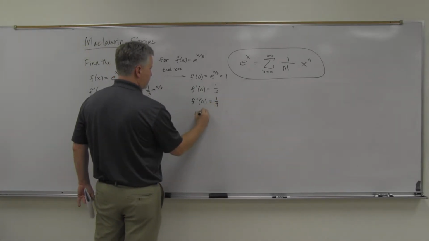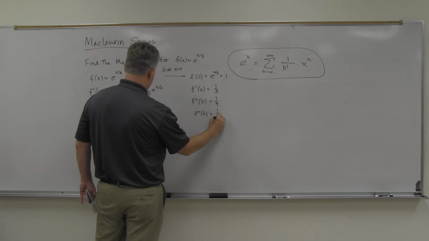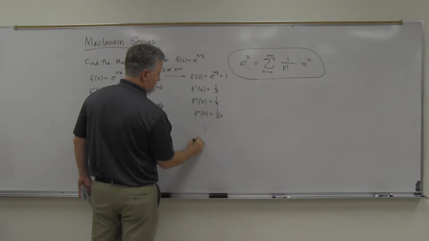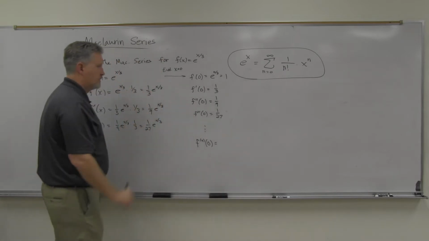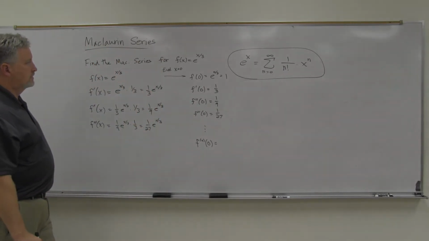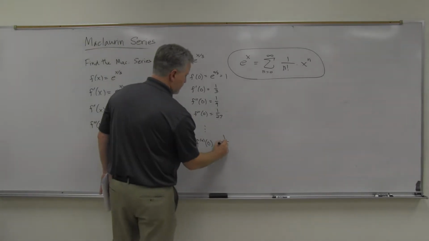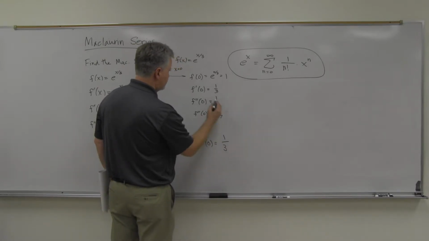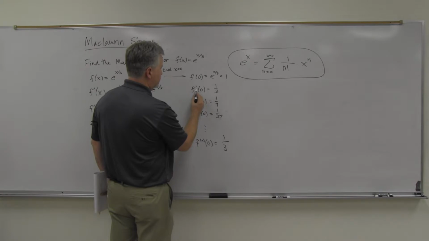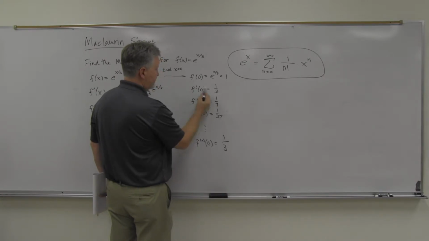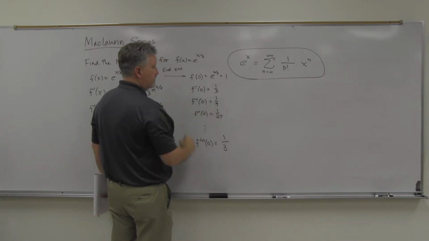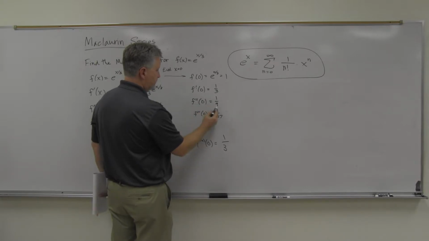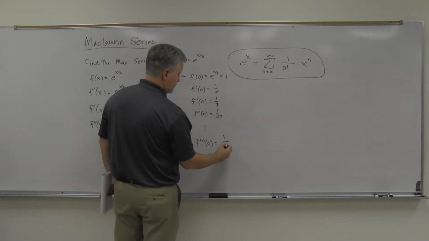And the third derivative is 1/27. So what would be the nth derivative at 0? One over a power of 3, isn't it? Is it the nth power? Yeah, because n equals 1 for the first derivative, so that would be 3 to the 1. Second derivative is n equals 2, and that is 3 squared, so 3 to the n.